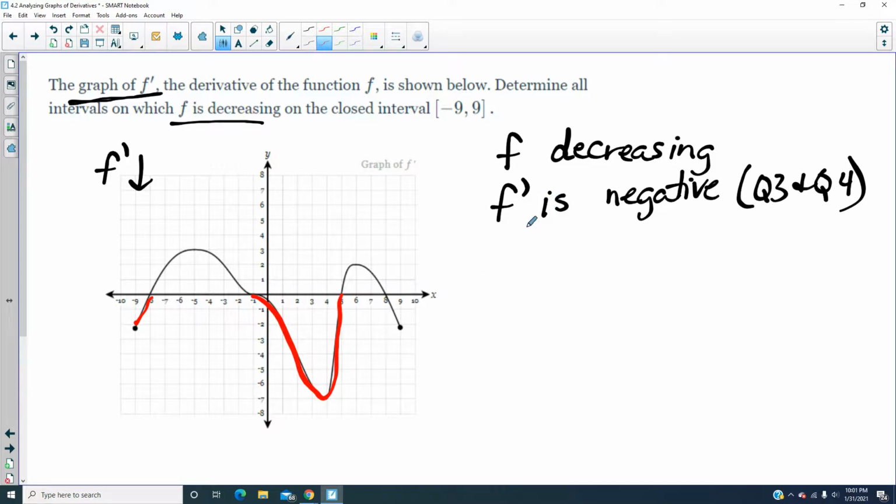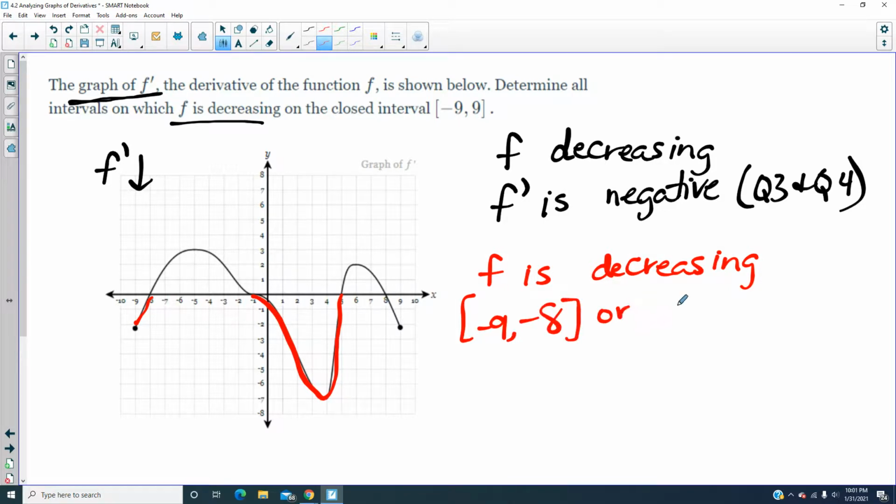I need to make sure I'm answering my question, that f is decreasing on the closed interval from -9 to -8, or also from -1 to 5, because I have the graph of f prime, and f prime is negative.